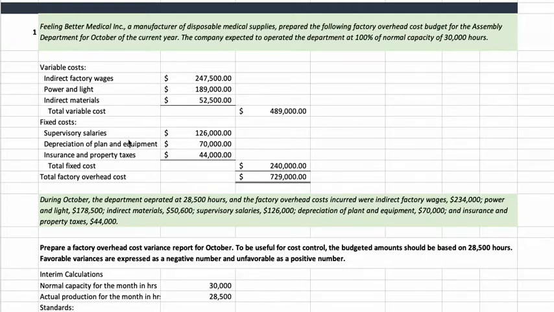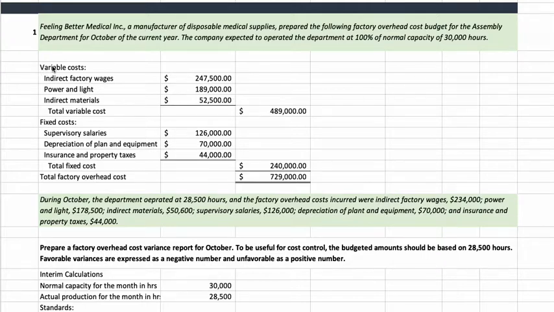In our problem set, we work for a company called Feeling Good Medical. They manufacture disposable medical supplies. So we're going to prepare the following factory overhead cost budget for the assembly department for October. The company expected to operate the department at 100% of normal capacity, and that normal capacity was expected to be 30,000 hours.